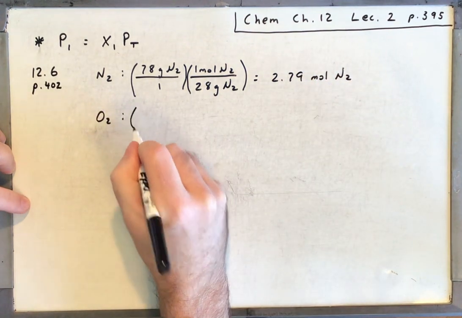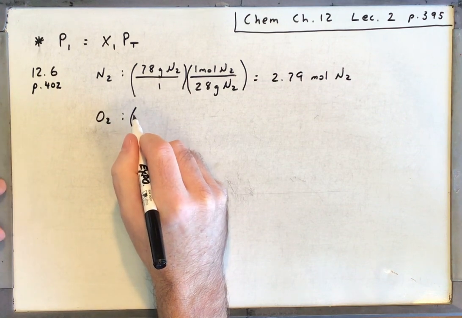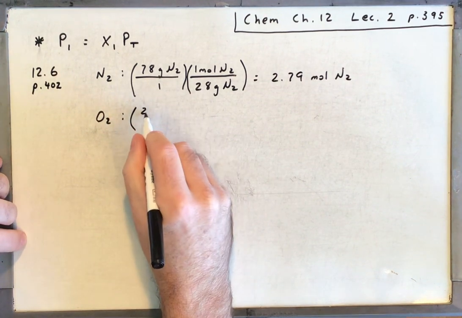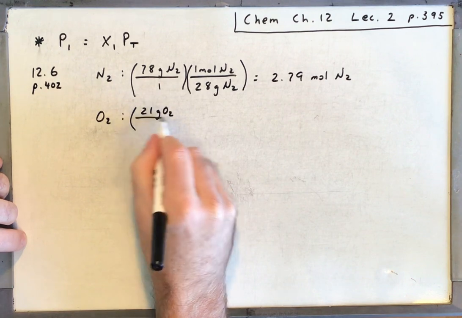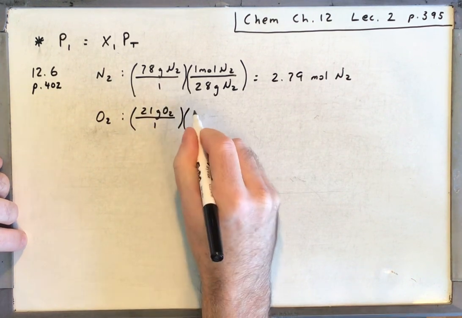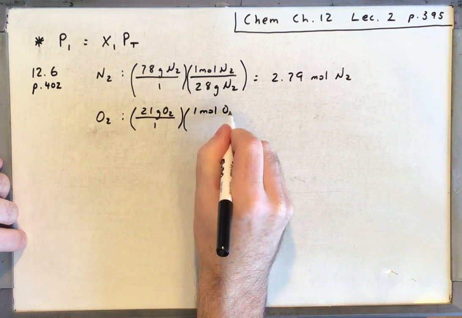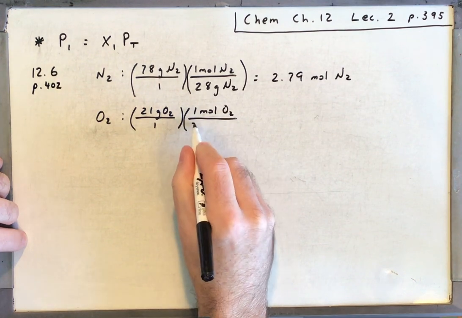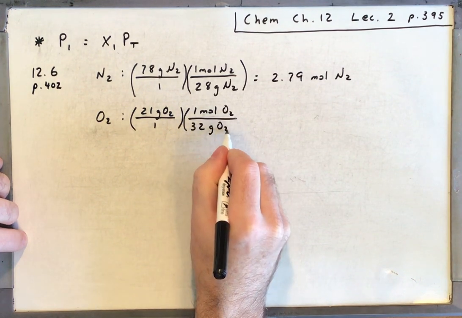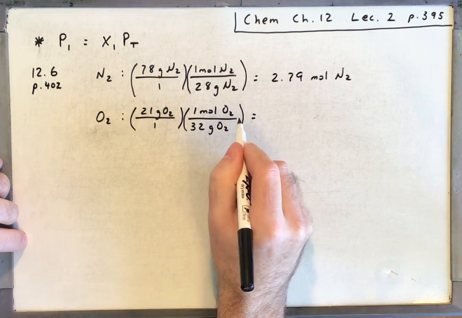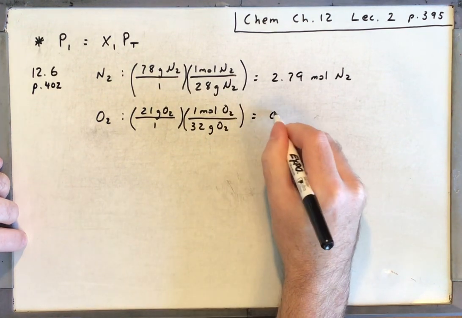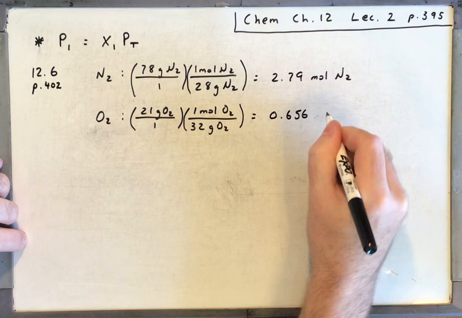Oxygen, says in our problem that we have 21 grams. Need to change that to moles. All right, so 21 over 32 would be 0.656.